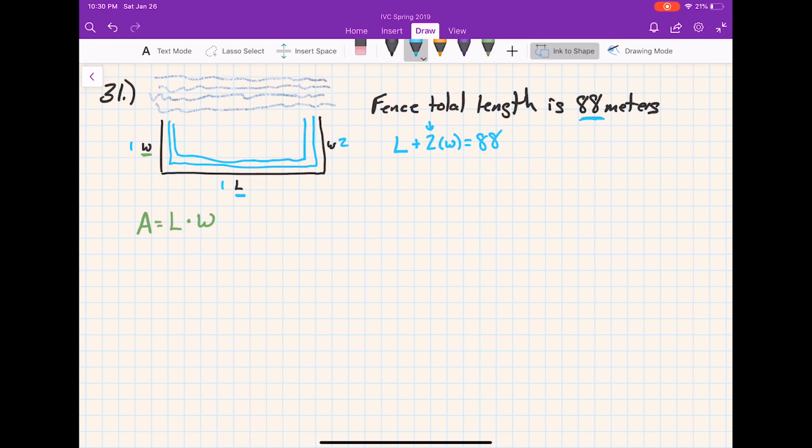Well, now we can solve for W. We can solve for L, or we can solve for W. But let's solve for W in this case. So that means we are going to have 2 times W equals 88 minus L. And then divide both sides by 2.